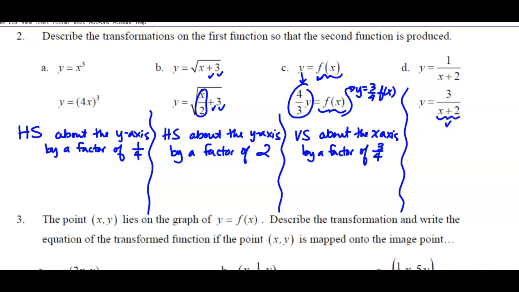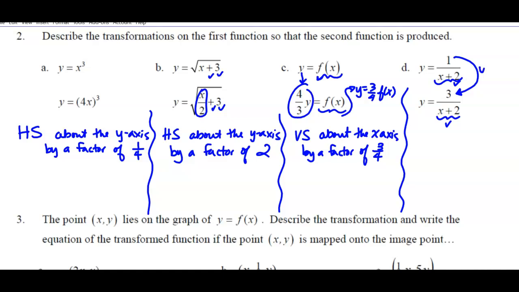Okay, this whole thing is the same. This is now 3. Okay, you can't get that by adding 2, right? You can't change the 1 over x plus 2, but to the result there by adding 2, you've got to multiply, right? Because it's a fraction. So, we're really taking this and multiplying it by 3, right?